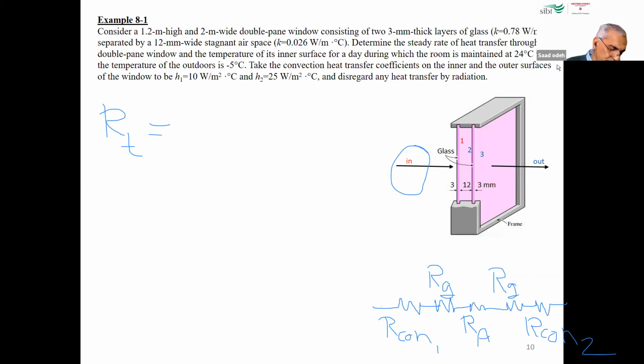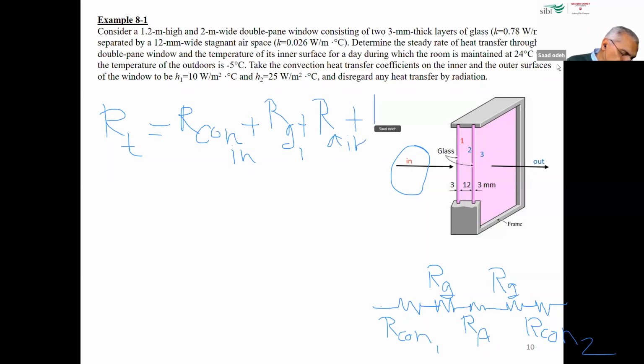So this will give us our convection in plus our glass 1 plus our air plus our glass 2 plus our convection out.